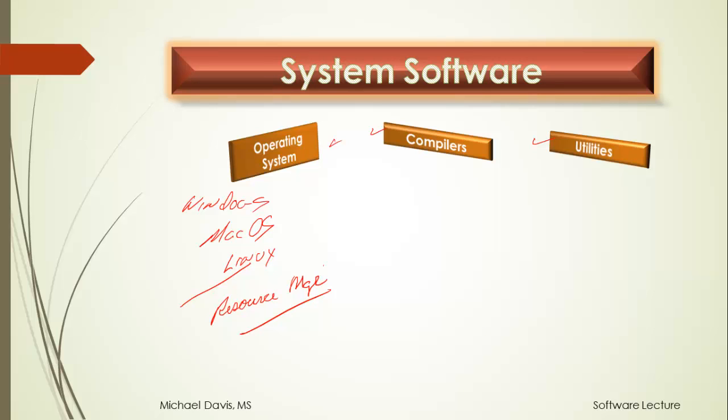It is critical. In the early days, before the operating system was created, you recall from our history discussions that the first programming languages came about in the mid-50s, Fortran and COBOL. But at that point in time, there was no operating system.